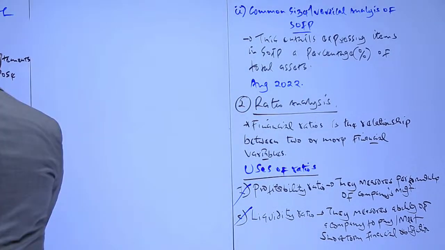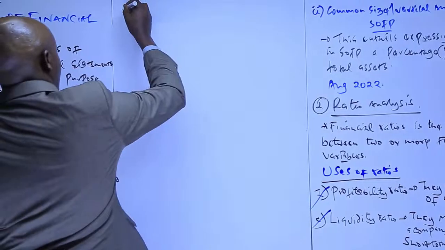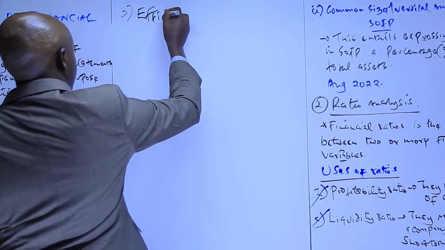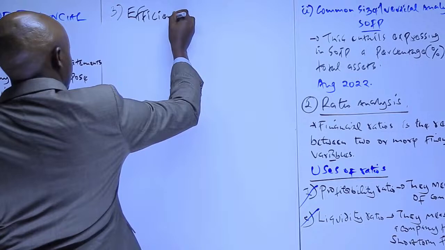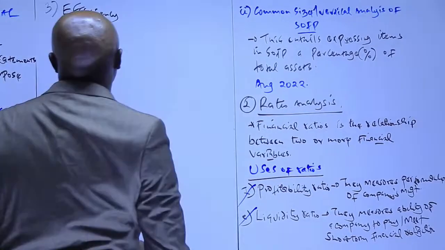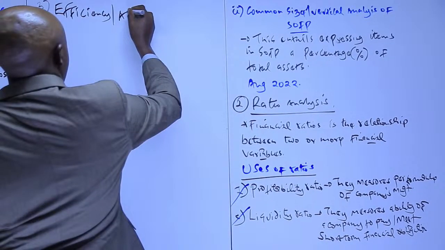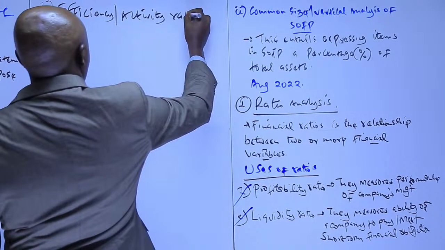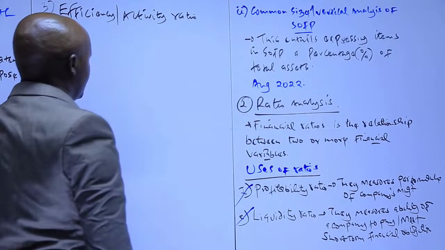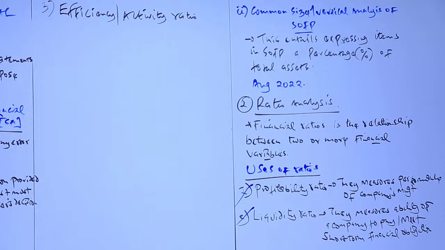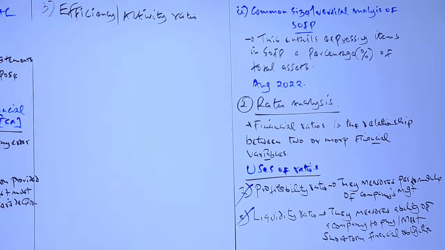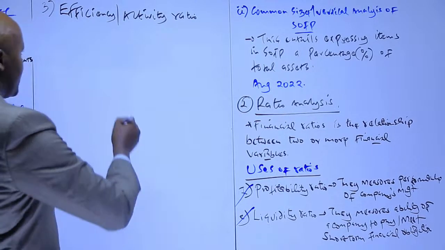So number 3, we have the efficiency or activity ratios. And these ratios, on the other hand, are computed to determine how well or how efficiently the company is using its assets or its resources to generate revenue, or basically to generate profit.